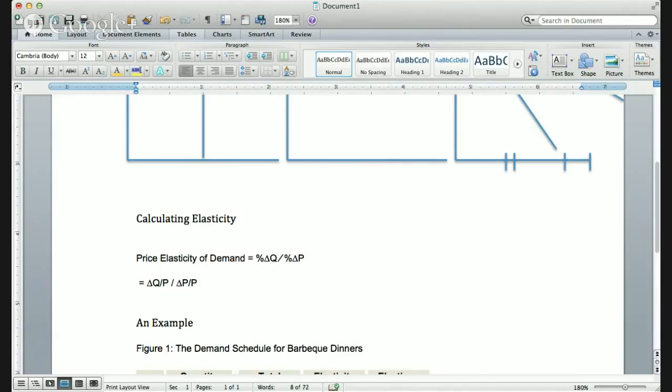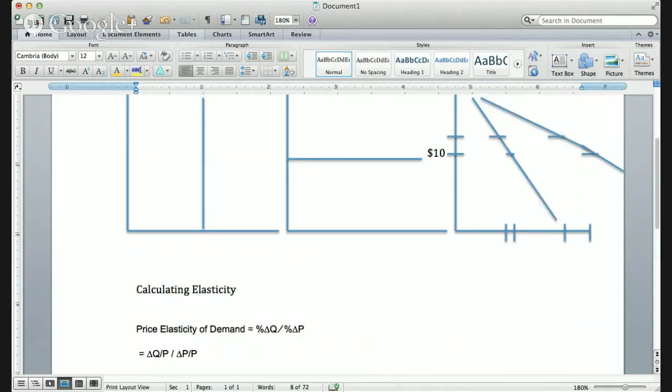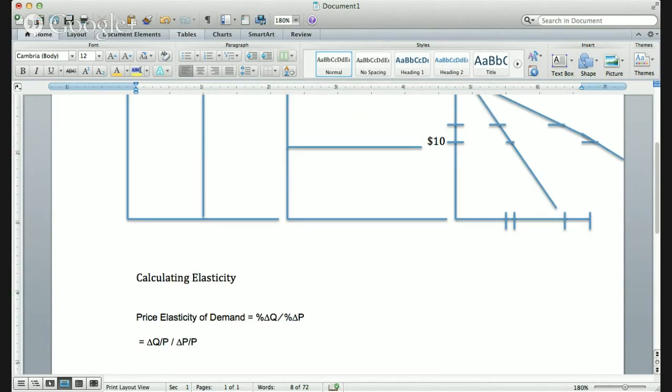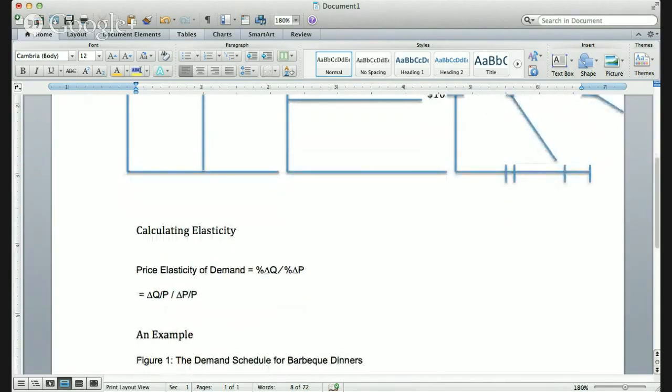Now, what does that mean for you? It means that ultimately you're taking the change in quantity. So that means how much did it change? In this example, we would put numerical points to these various pieces. So we would say the change in quantity simply means what was our quantity before and what is it now.